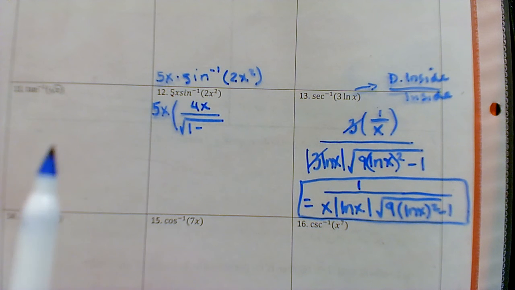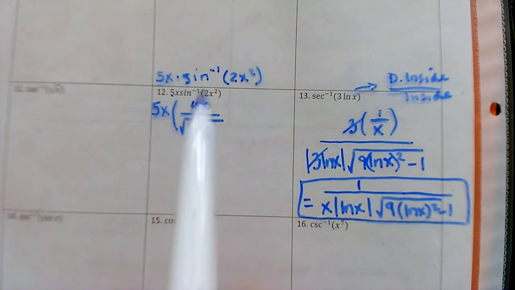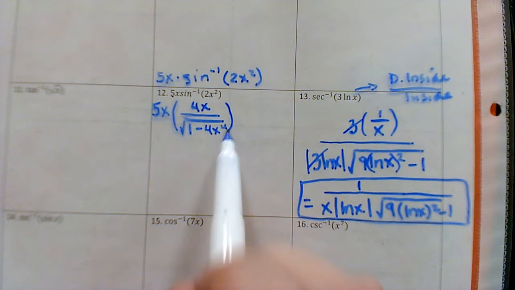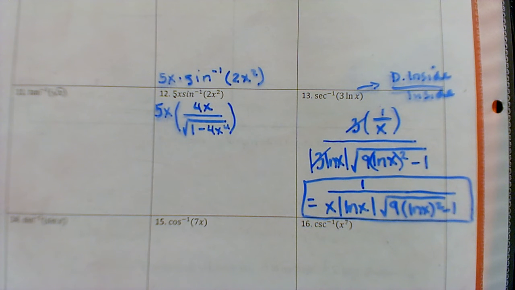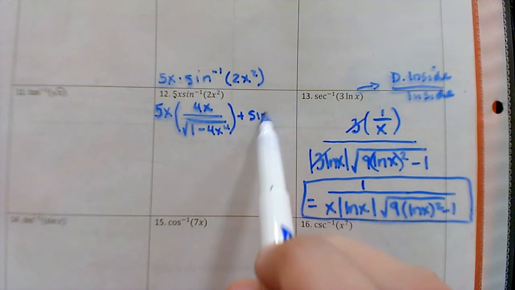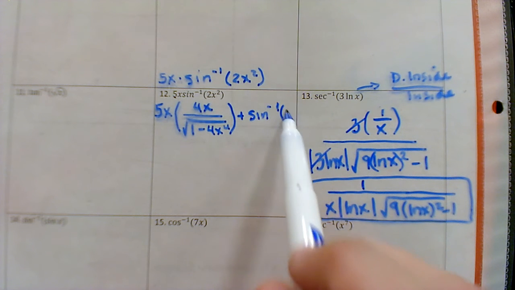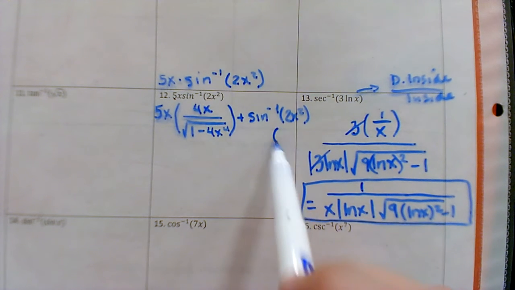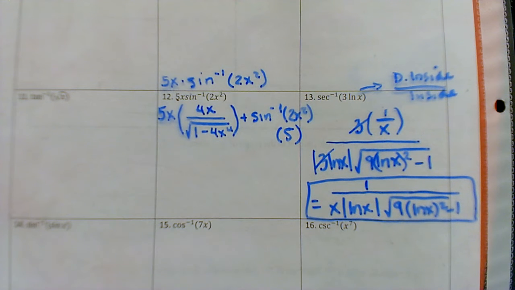So 2x squared times 2x squared, we'd have 4x to the 4th. So there's 1d2, but now we have to finish with 2 times d1, which would just be 5.